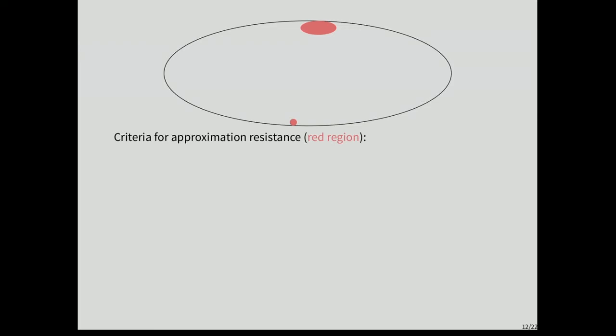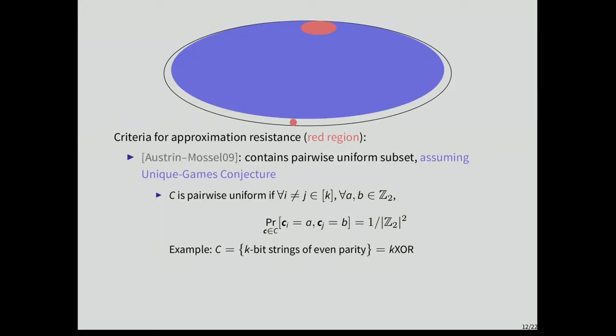I believe not even a constant fraction of CSPs were known to be approximation resistant. And there's an interesting work that shows a lot more CSPs are approximation resistant. This work by Austrin and Mossel says that if a CSP is given by a predicate C that is pairwise uniform, then the CSP is approximation resistant.